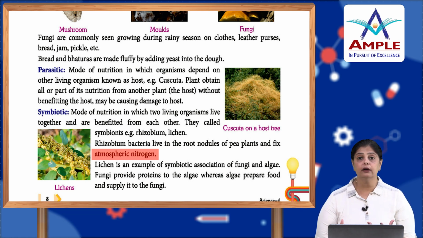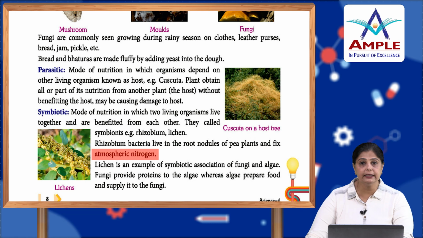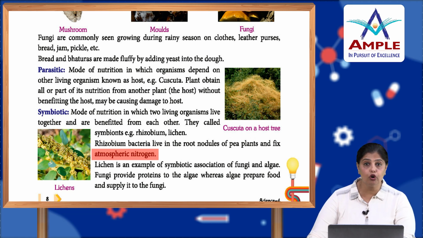It means that two organisms are living together and benefiting each other. Like the rhizobium bacteria, which lives in the root nodules of pea plants and fixes atmospheric nitrogen.